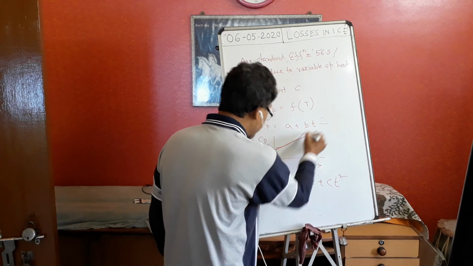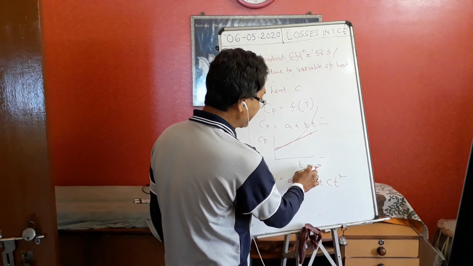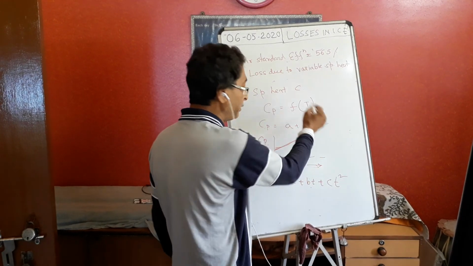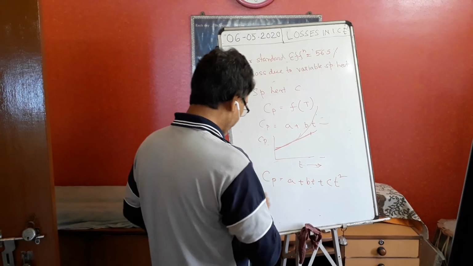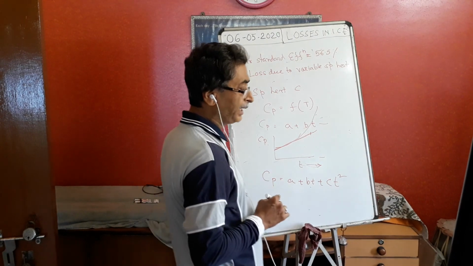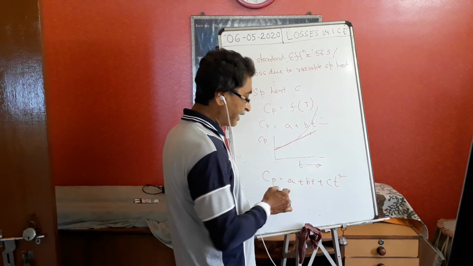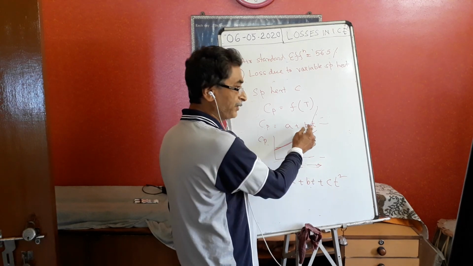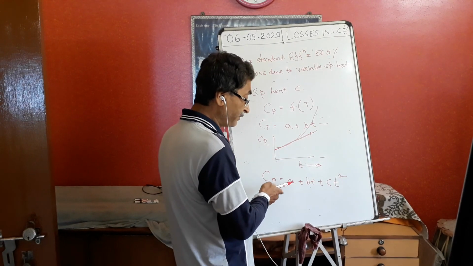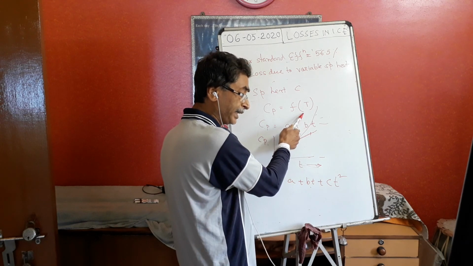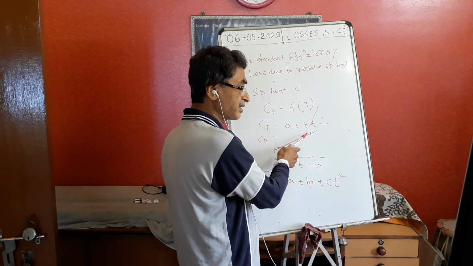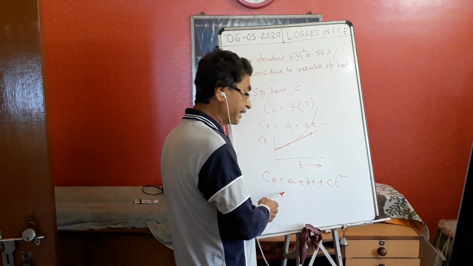Here the curve will be steeper, so as the temperature rises, the specific heat rise will be more. Our conclusion here is that as the temperature increases, specific heat also increases, and specific heat is a function of temperature. Second, it can be a linear function or a quadratic function.